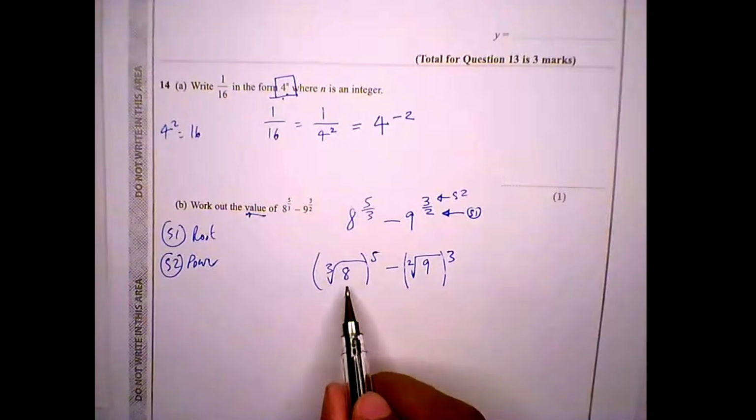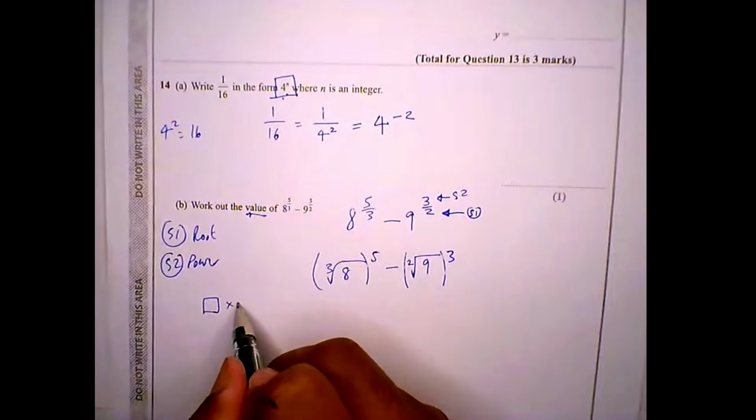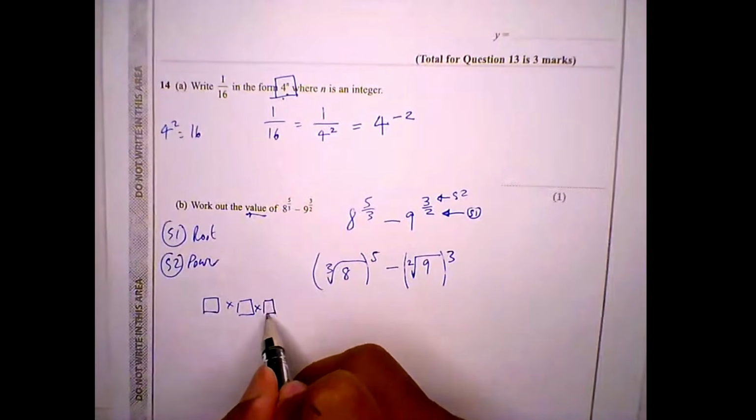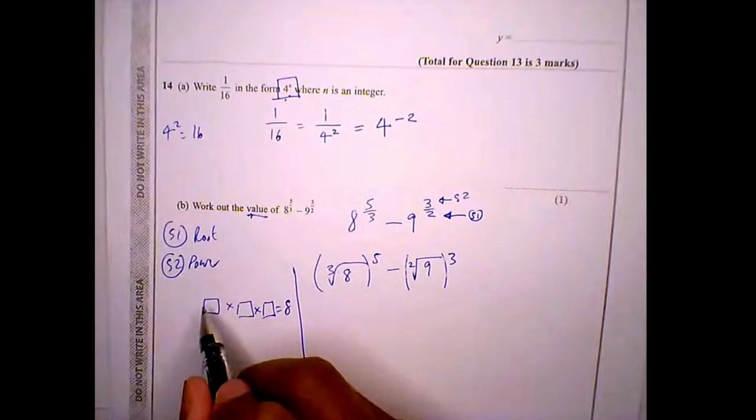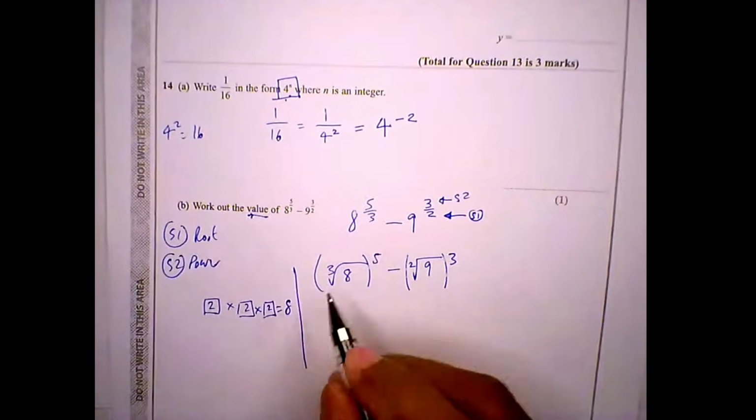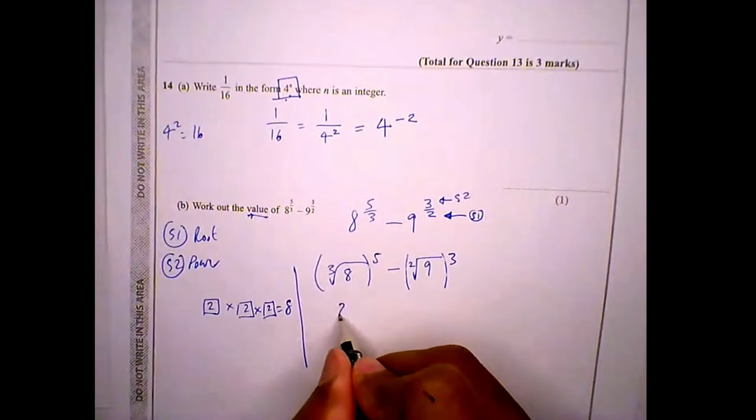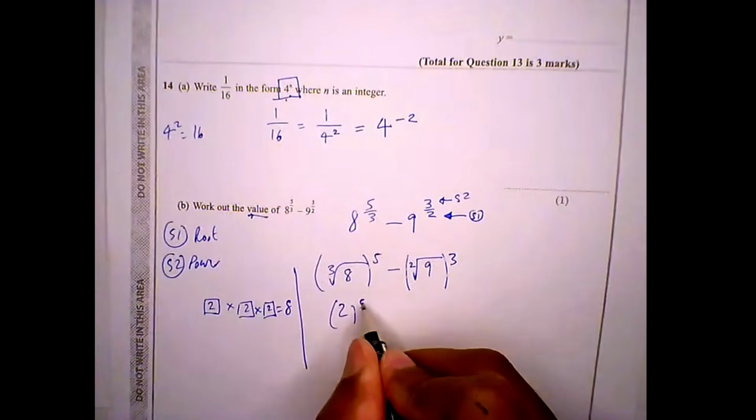Okay, so this one here, what number multiplied by itself 3 times gives me 8? It's not 1, it's 2 times 2 times 2. So it's 2 to the power 5.